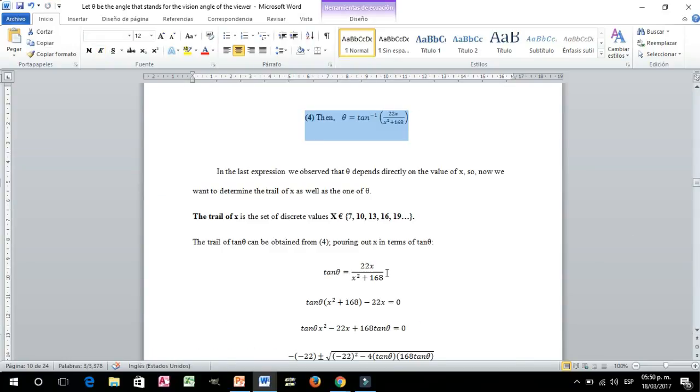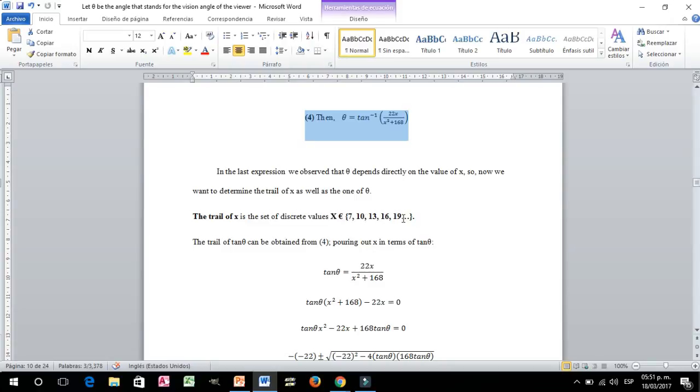Now, in order to calculate precisely where to sit at the cinema, we need to do the following procedure. In the last expression, we observed that theta depends directly on the value of x. So now we want to determine the trail of x as well as that of theta. The trail of x is a set of discrete values: 7, 10, 13, 16, 19.